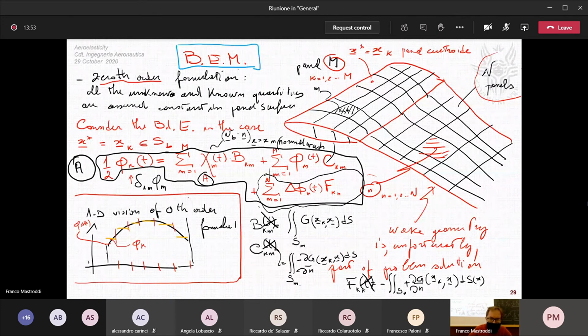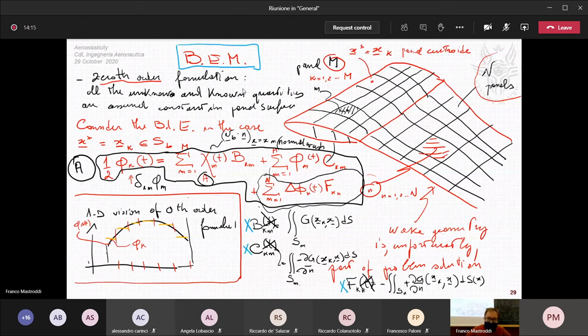In the first proposal here, we have defined a set of coefficients like B, C, and F. We have used E for the domain function. However, we have B, C, and F coefficients.